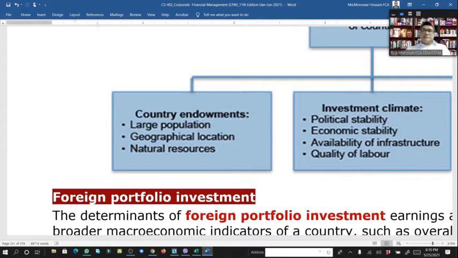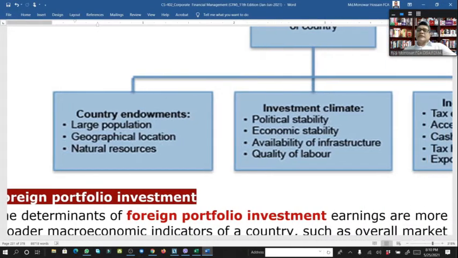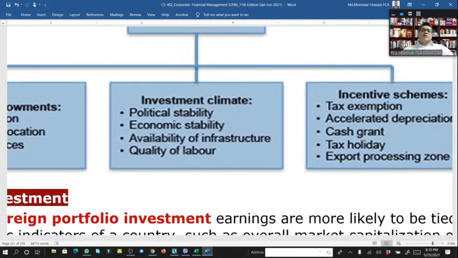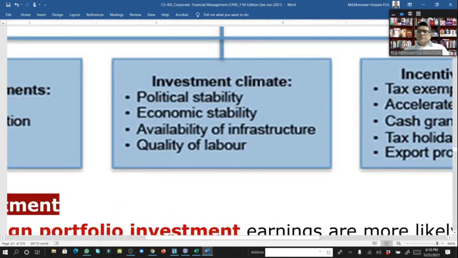Product, that means for marketing, distribution, everything has to be positive, and where there is a larger population, that product would be very effective for marketing also. And investment climate also, political stability. For example, as a company, at this moment, if you go to Somalia or Sudan, South Sudan, you will not be able to invest there because they have political unrest.